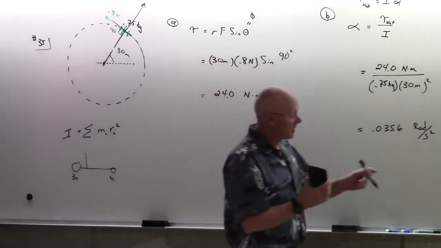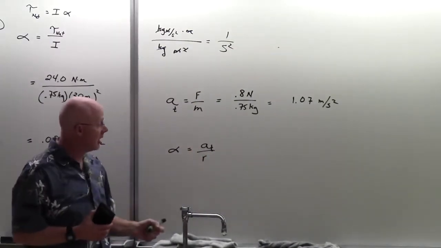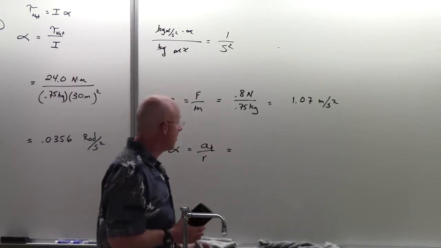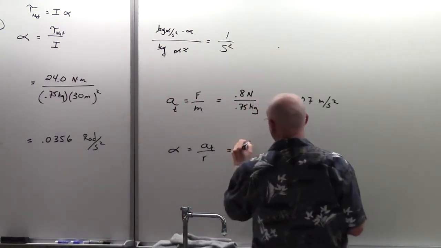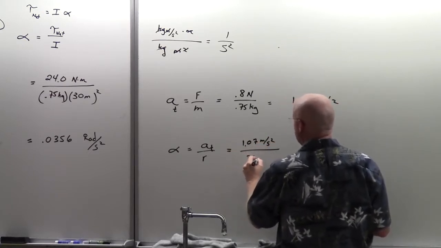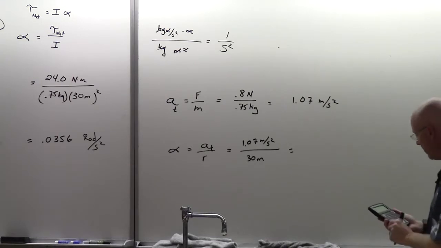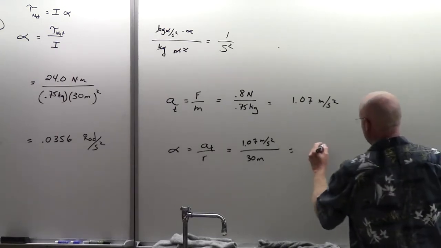Now, this part does. This part was the connection between our translational acceleration and our rotation. Let's see what we get here. This would be my 1.07 meters per second squared divided by 30 meters.